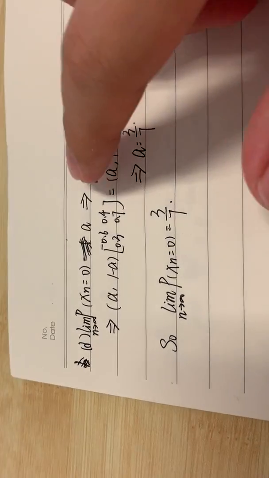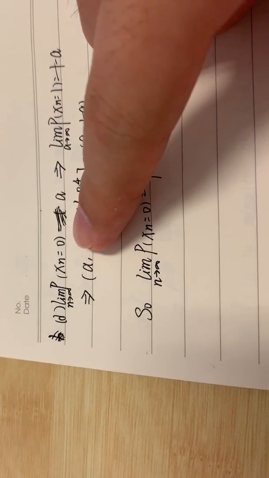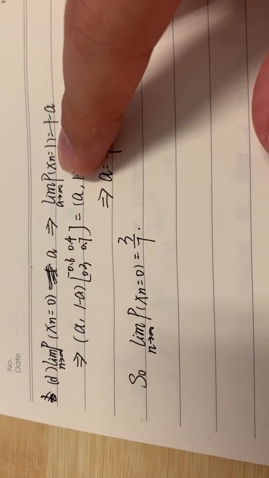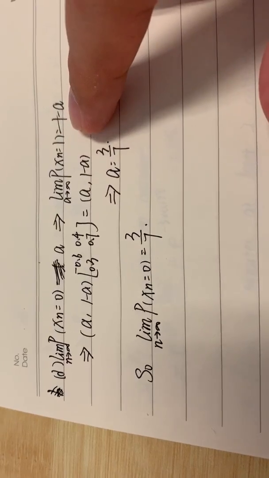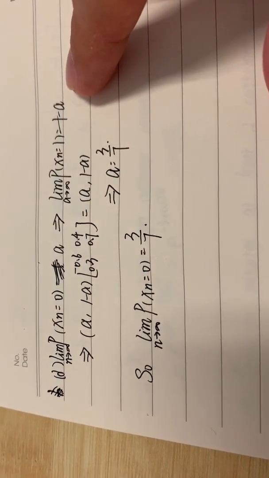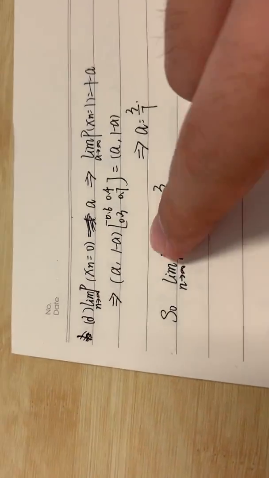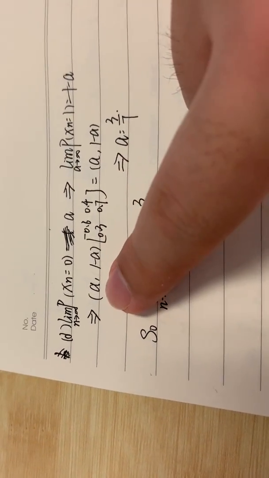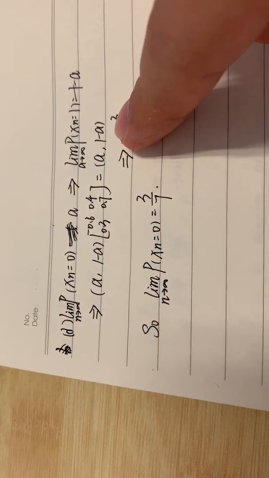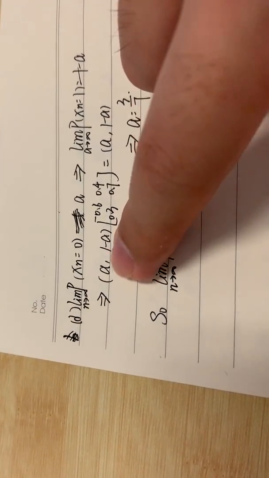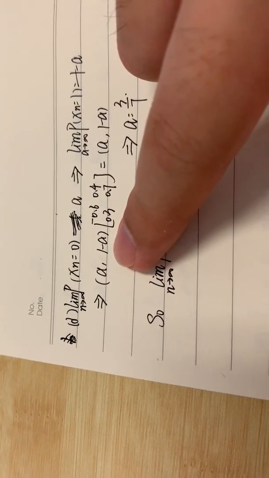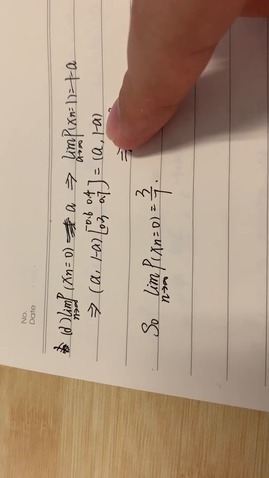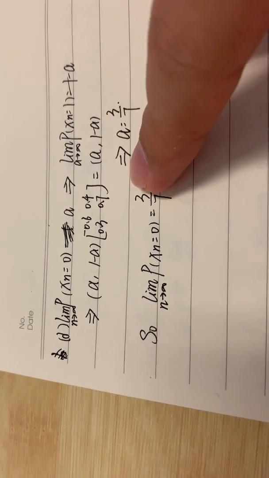We assume that the limit of P(xn equals 0) is a, and the limit of P(xn equals 1) should be 1 minus a. So we use this matrix again. After enough noisy channels, this probability won't change anymore, which means that this vector multiplied with this matrix gives the output, which is itself, and doesn't change anymore.